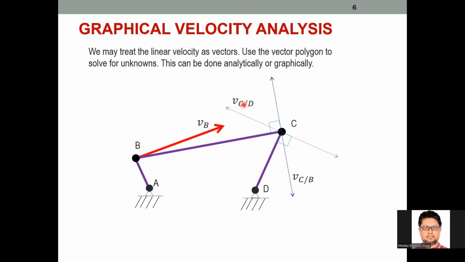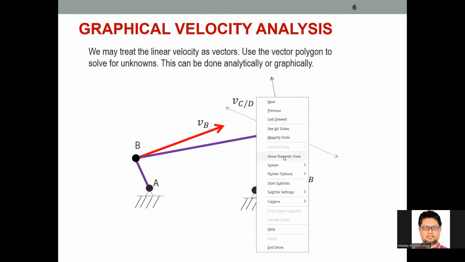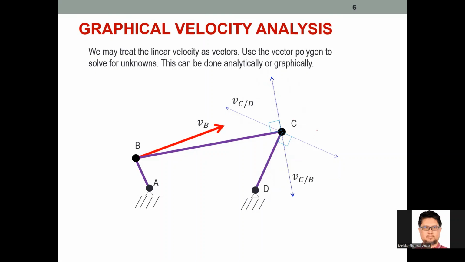VC/D means the velocity of point C with respect to D. Oh, sorry, point D is in the ground, so that is fixed.